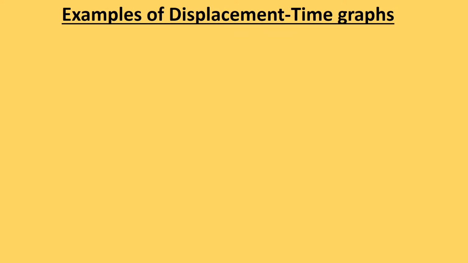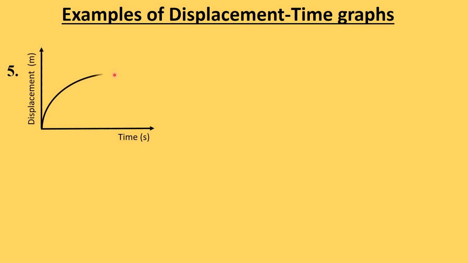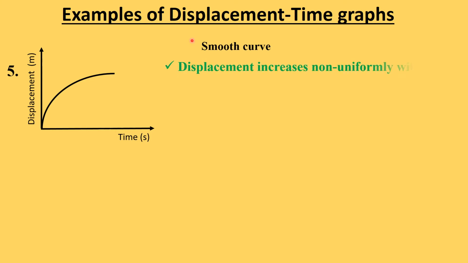On to our fifth graph. Again, a graph whereby time is on the x-axis and displacement on the y-axis. Then we're getting a smooth curve, and from this graph we can see that displacement is increasing non-uniformly with time.